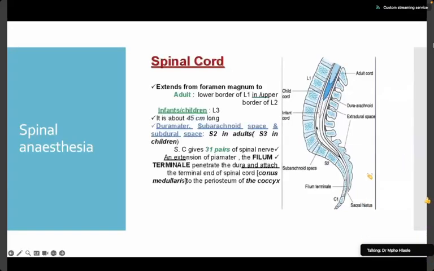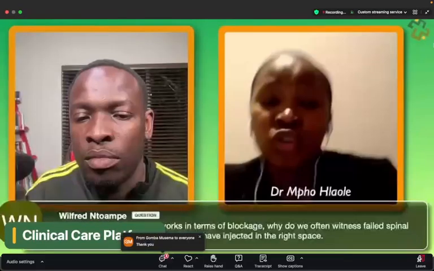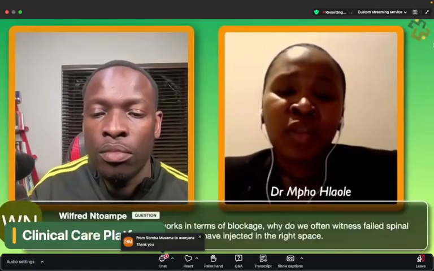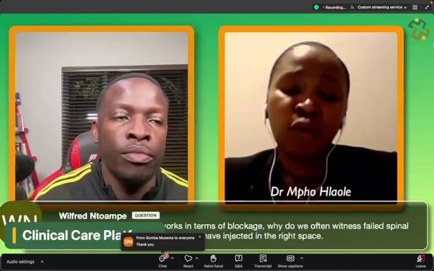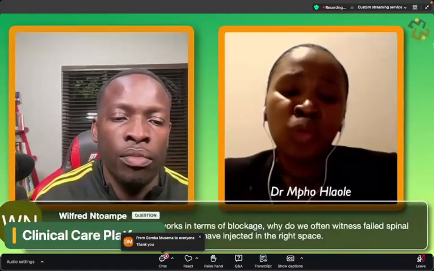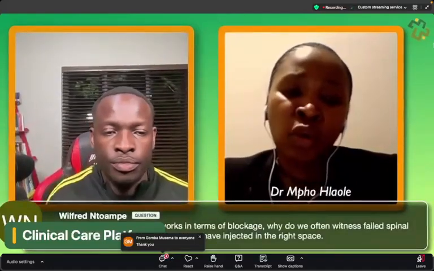There are a lot of factors that affect why the spinal doesn't work. Look at the technique you're using and how quickly you get the patient lying flat. Remember the gravity thing: if your patient sits for a long time after the spinal, your spinal might go more sacrally in the lumbar area.